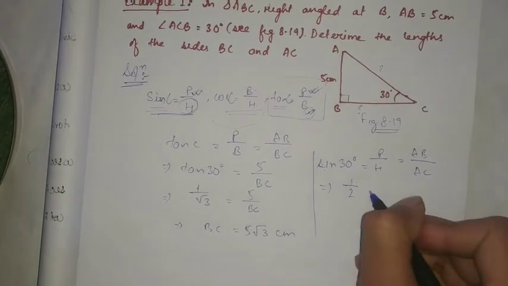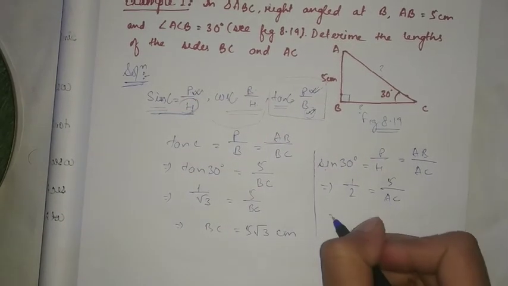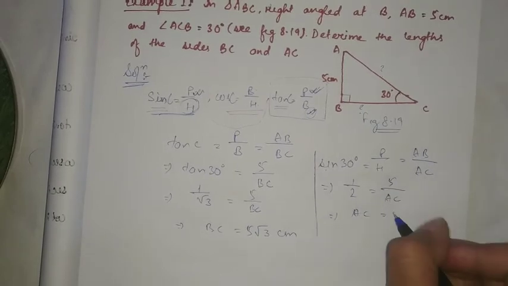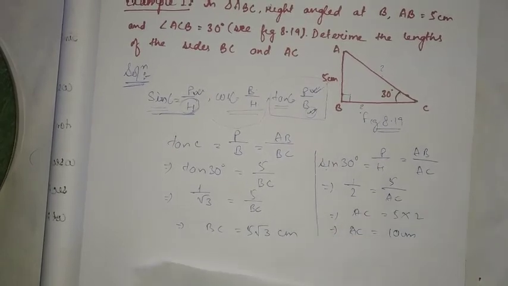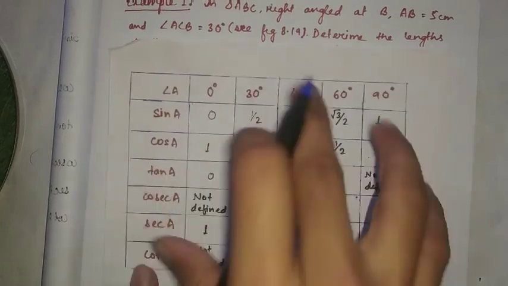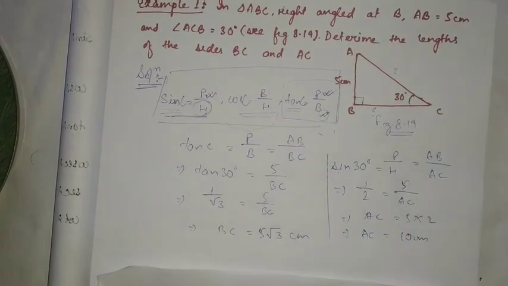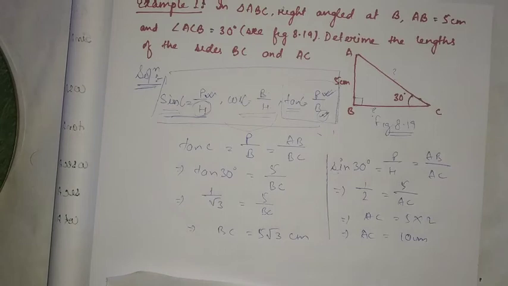So we get 1 by 2 is equal to 5 by AC. So AC becomes, by cross multiplication, 5 into 2, so AC becomes 10 centimeter. So it's that simple. Once we have known this table, we can easily solve this. By some intuition you can know which trigonometric ratio is to be used when. This can be easily done once you have practiced many examples of such problems.